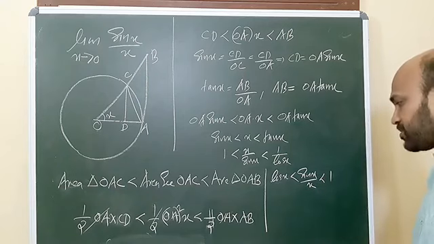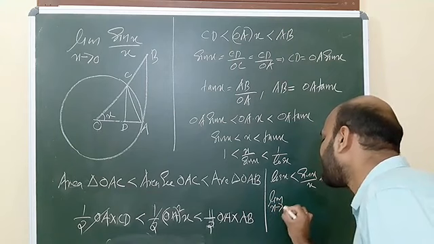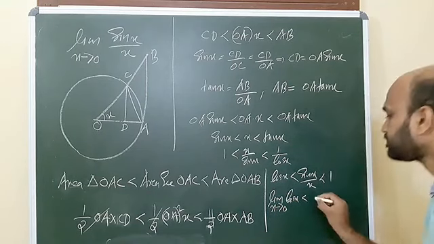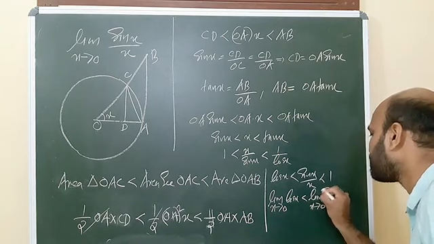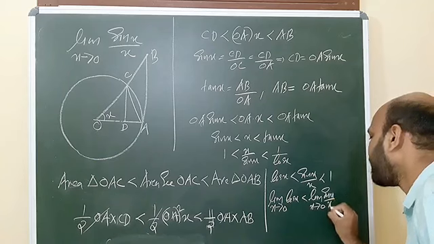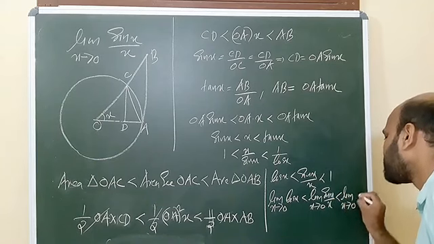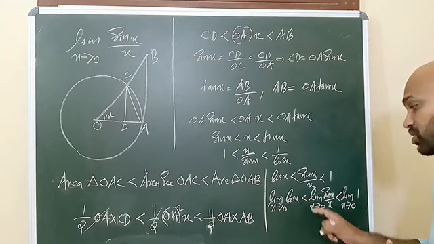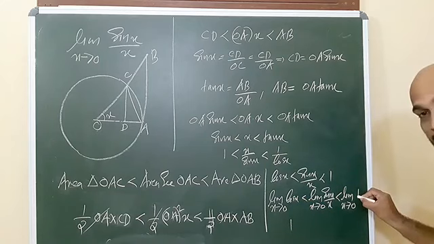Now take the limit. So what will you get? Limit x tends to 0 of cos x less than limit x tends to 0 of sin x by x less than limit x tends to 0 of 1. Limit x tends to 0 of cos x equals cos 0, that is 1. What about the upper limit? That is also 1.